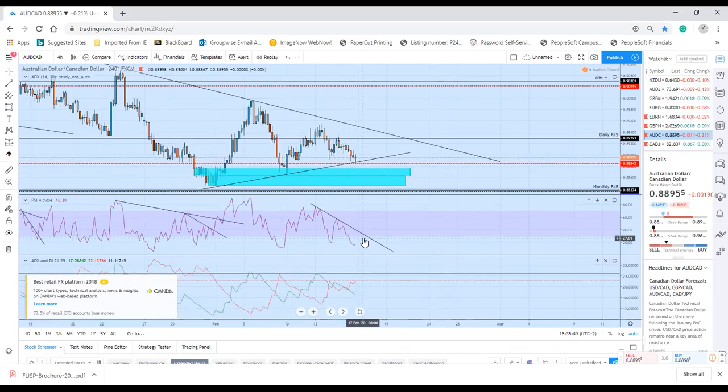So my bias on this pair is a buy based on all those things. I got a confirmation from the lower trend line. I'm also looking at the RSI, and it's telling me that it should be coming back up and crossing above here, where I'll start looking for buys on OutCAD.